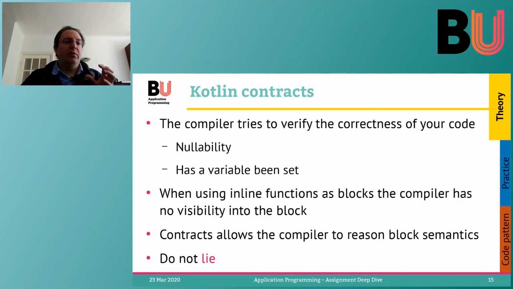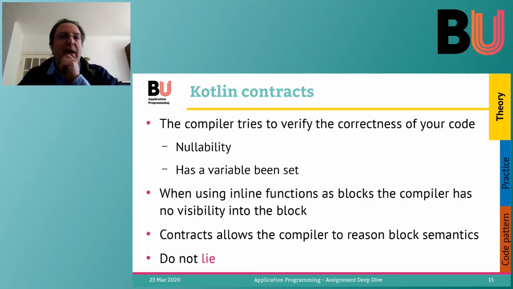So contracts allow the compiler to reason about what happens inside such an inline function. But of course, very important there is that you do not lie to the compiler. If you do that, then all kinds of funny things will happen. So yeah, don't go there. That's not going to be very helpful.